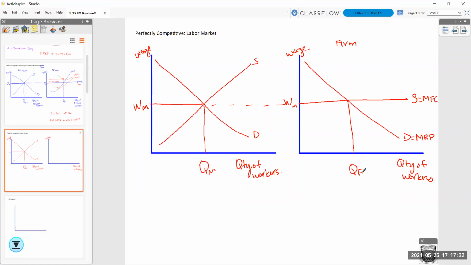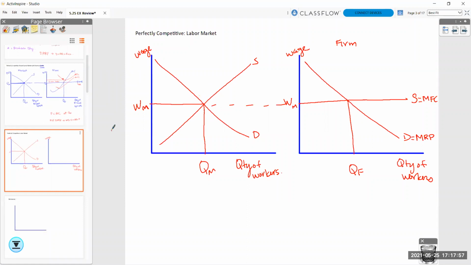Now, we had a discussion earlier when we were doing our little black book. What I want to remind you is that if we're in the market and it talks about what is happening to the market wage, the market wage will be impacted by either the supply or demand in the market.